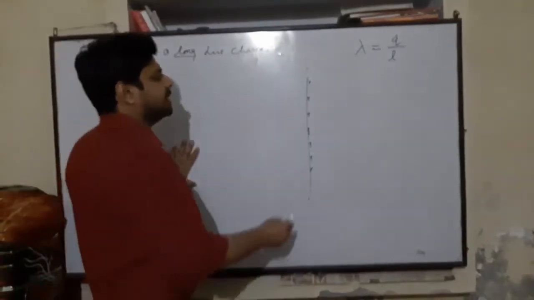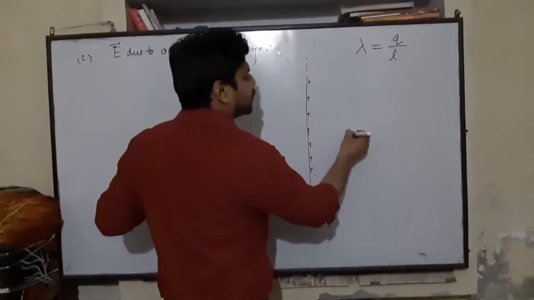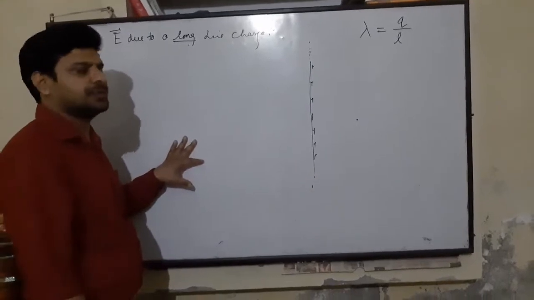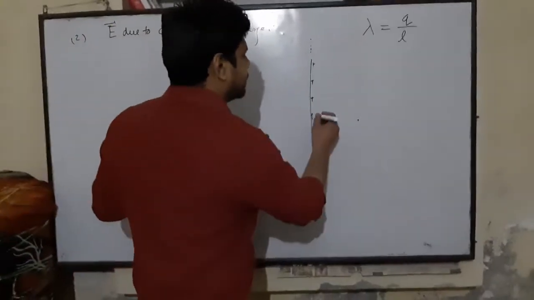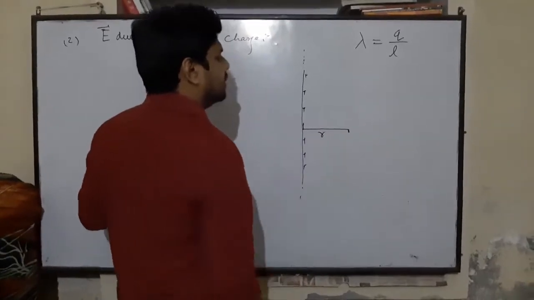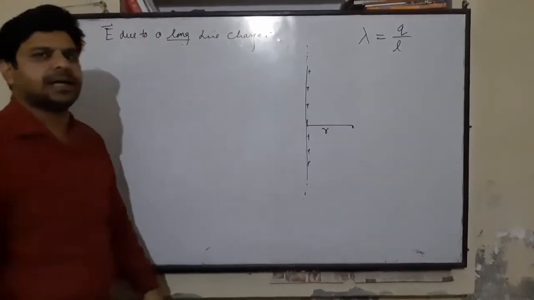We have to find the intensity of electric field at this point due to this line charge with the help of Gauss theorem. This observation point is at distance r from the line charge.